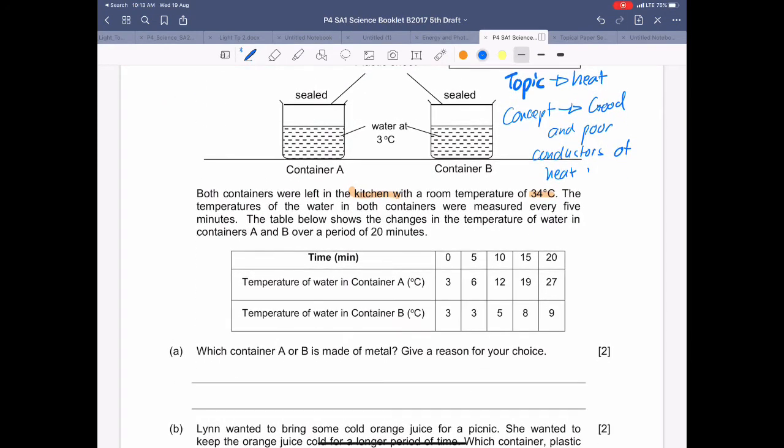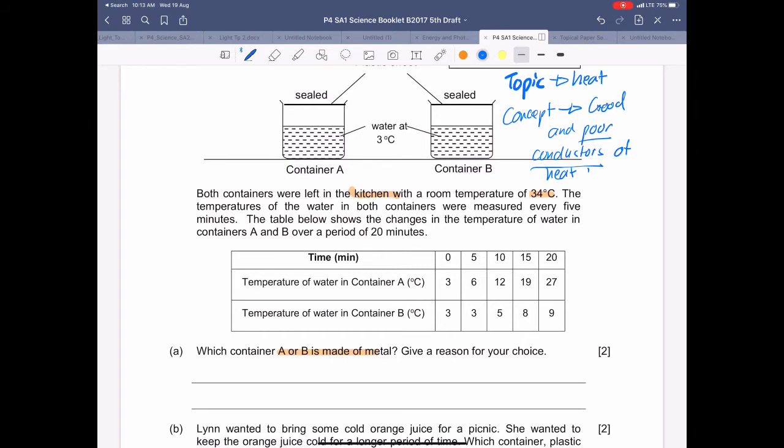Now, which container, A or B, is made up of metal? Your answer in this case, you need to think back. Since they're going to test you on good and poor conductors of heat, remember that the key idea for a good conductor is that it allows heat to pass through quickly.